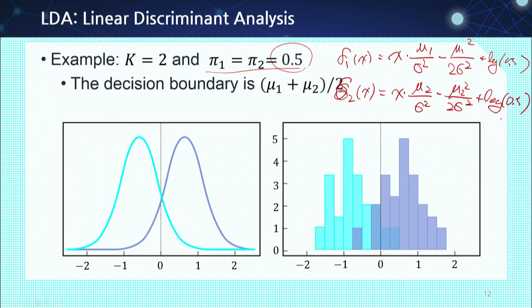The decision boundary is the point where these two discriminant functions have the same value. If we solve this equation for x, we reach the result that (mu_1 plus mu_2) over 2 is the decision boundary point, which is around 0 in this case.